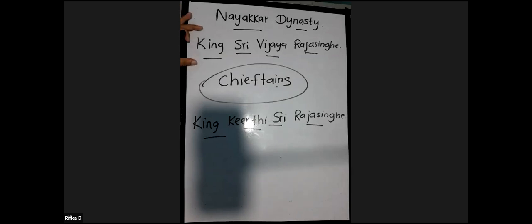Yes, King Sri Vijaya Raja Singha. What you have to remember regarding his ruling period is that at the time, the chieftains were more powerful. Because of that, the king had to face challenges coming from these chieftains.